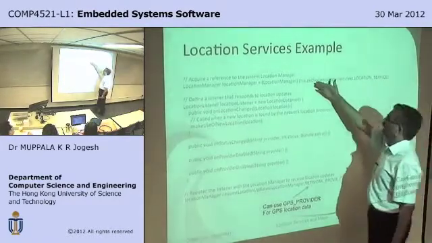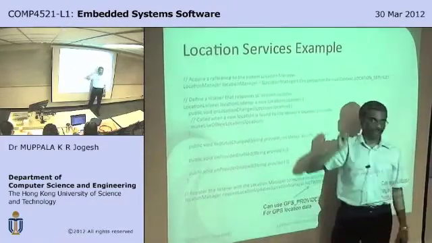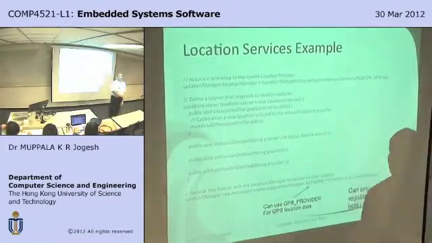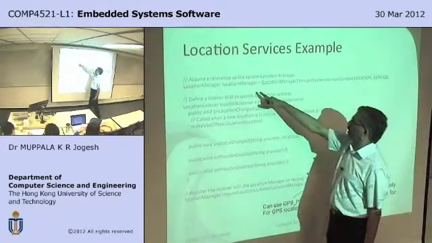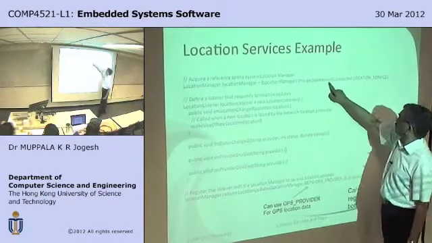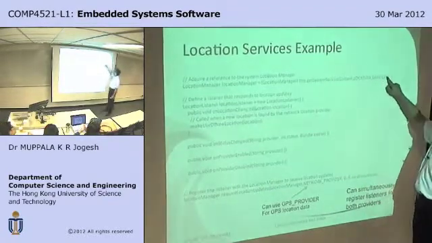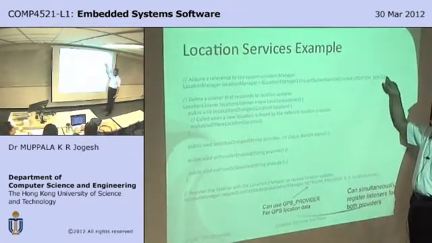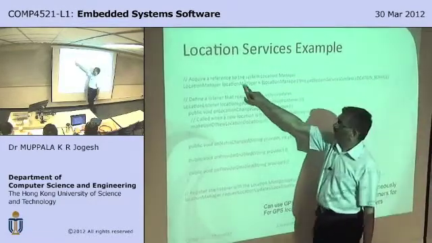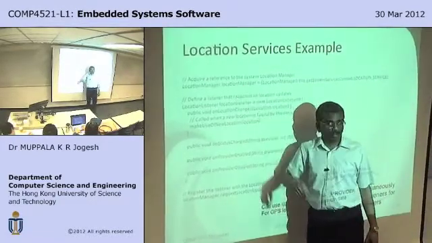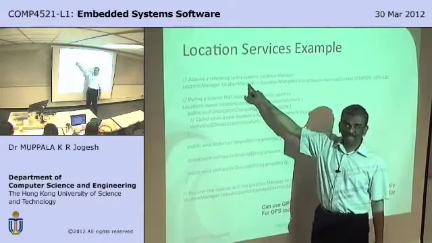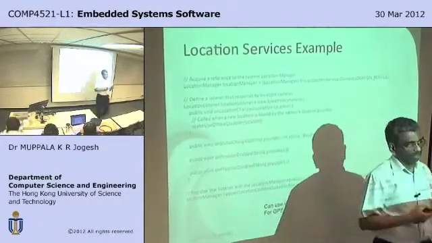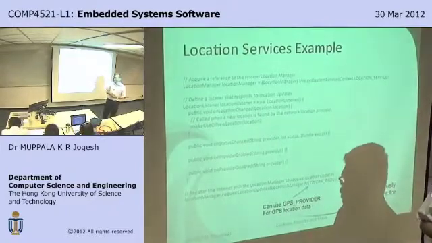This is how you get access to the location manager, the handle to the location manager, reference. So you declare LocationManager, then getSystemService, Context.LOCATION_SERVICE. Then this is a reference to the location manager. Subsequently, you can trigger a lot of methods that the location manager class makes available to you.